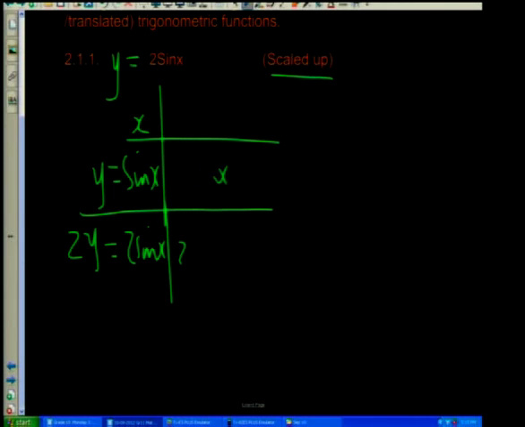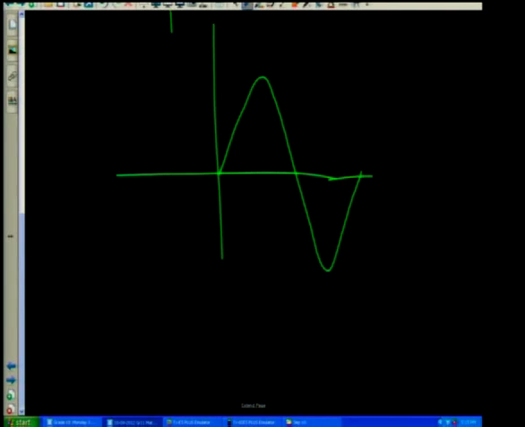So what it means, therefore, is that your y values, if you had sine x previously at an amplitude of 1, that value must be multiplied by 2, and you end up with 2 times 1 equals 2. So you've actually scaled it up in the vertical direction.